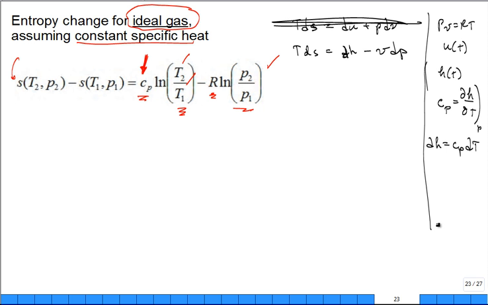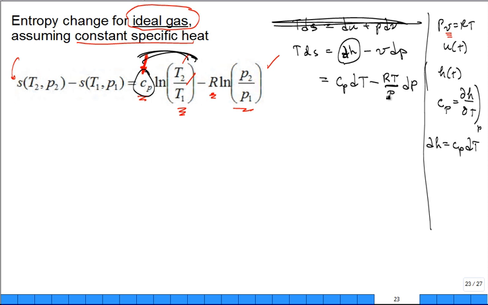So it looks like I need some C sub P right there. This term is going to be C sub P dT. Starting to look like it's matching up. Minus V dP. Take this equation, solve for V and substitute. Would I get RT over P dP?